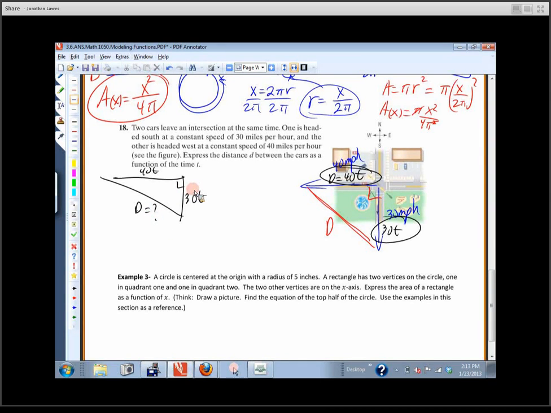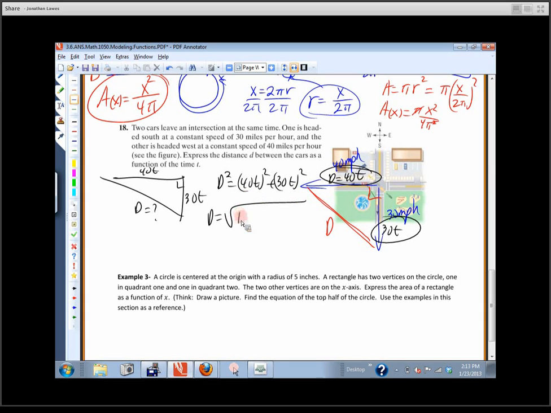It does change, but we can represent it as a function of time. So if this is 40t and this is 30t, what equation relates the three sides of a right triangle? So d squared should be (40t) squared plus (30t) squared. If I wanted to know what d was, I'd do this, square root of all that.